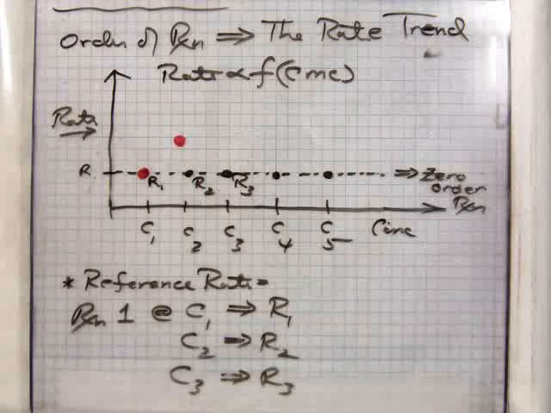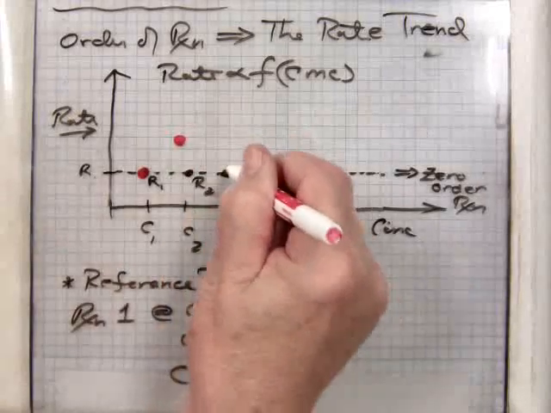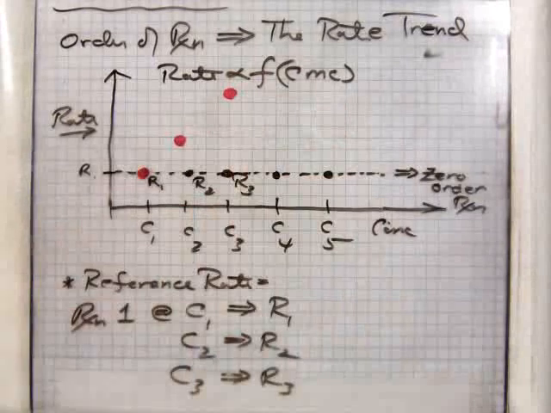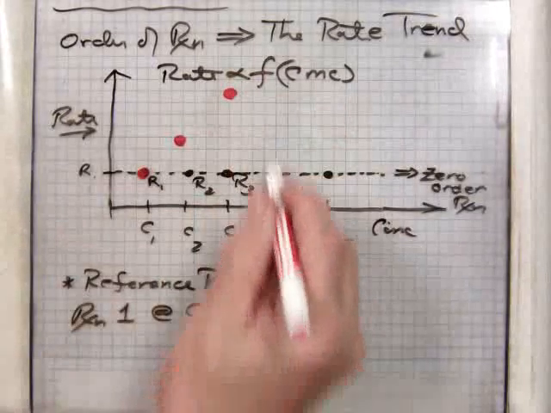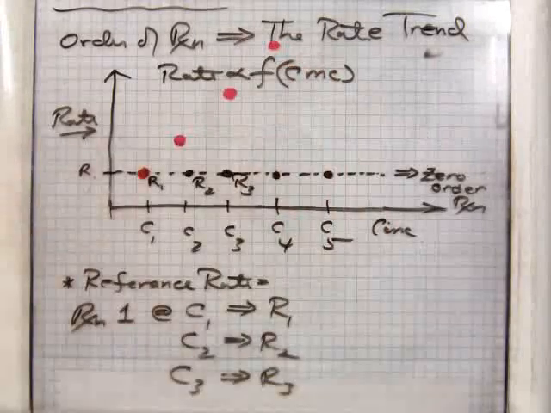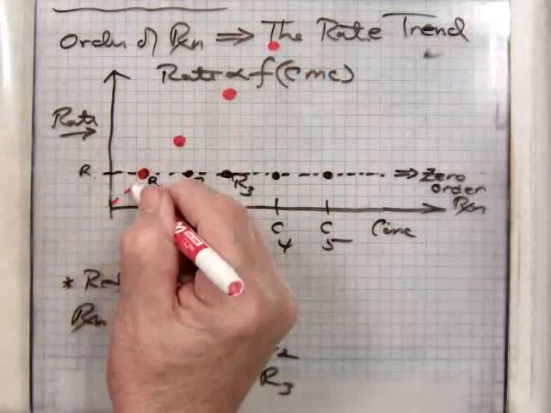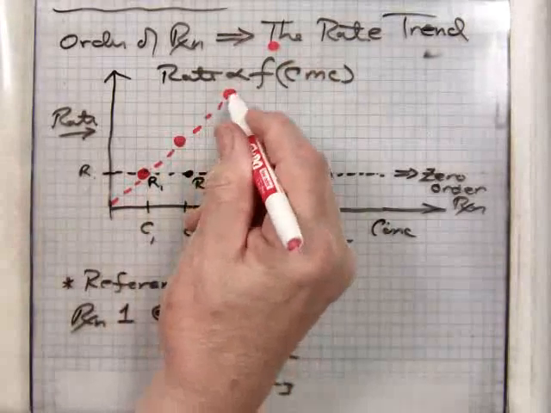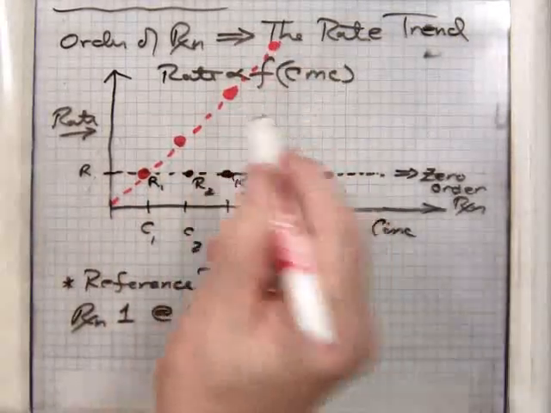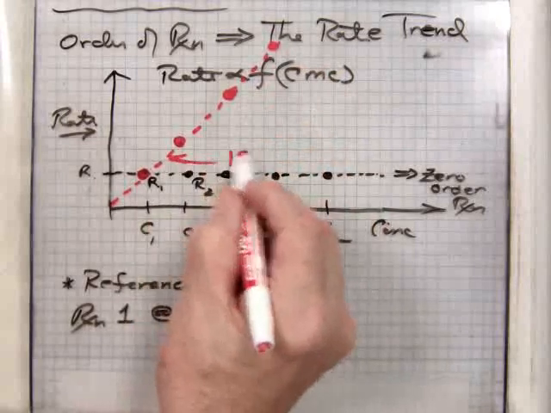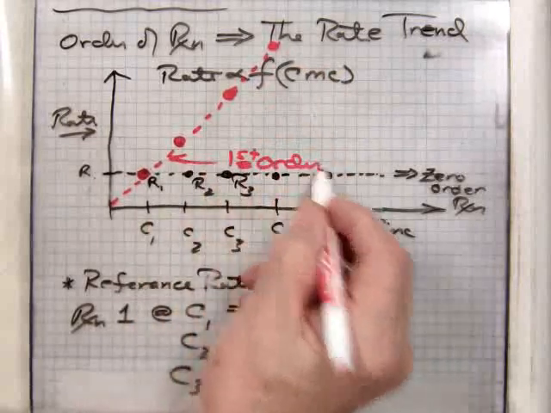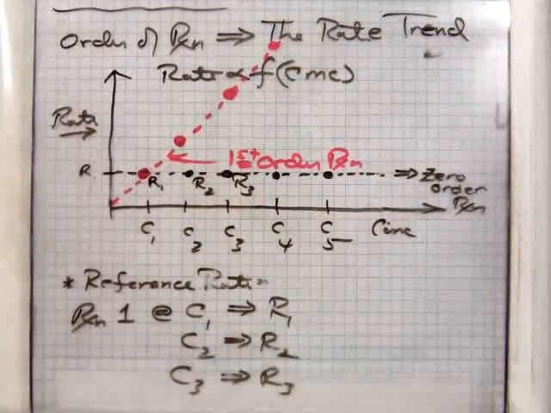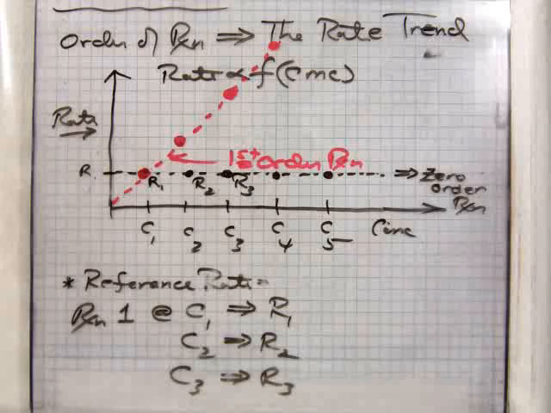Then I set up a reaction again, this time using a concentration 3 times what I used in the first one, and the rate triples. Then 4 times, and the rate goes up to 4 times. It's a linear trend. This trend is called a first order reaction. Double concentration, double rate. Triple concentration, triple rate. Quadruple, quadruple rate.